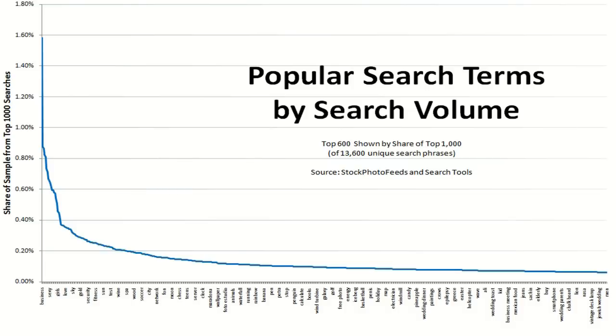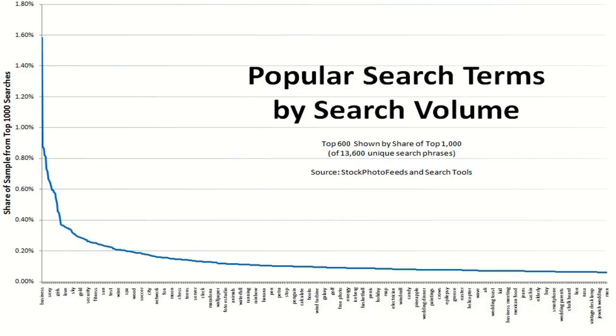So I have a fairly broad range of search data, which clearly shows that the top about 20% of search results make up about 80% of the searches. And the total number of searches that I currently have tracked is about 13,600 unique search terms.